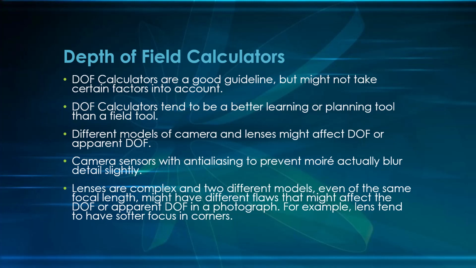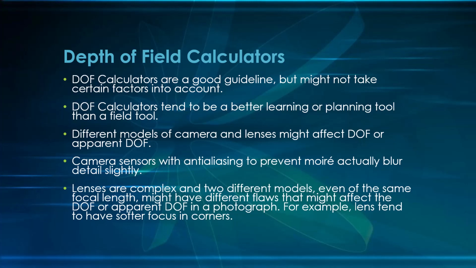Lenses are complex and have different models, even of the same focal length. So you might have different lenses from different manufacturers that are all 28 millimeters, or you might have different models of the same 28 millimeter from the same manufacturer that are designed differently or have different elements in them. They might have flaws that might affect the depth of field or the apparent depth of field in a photograph.